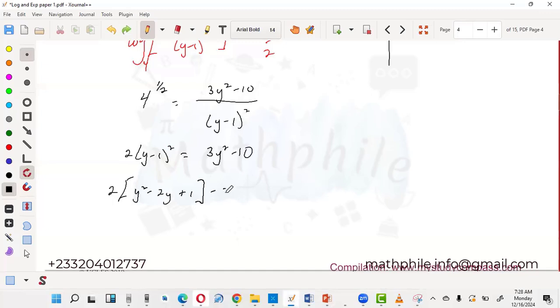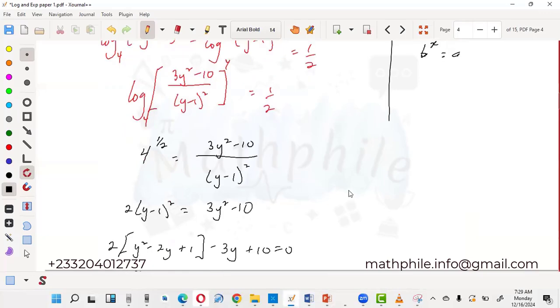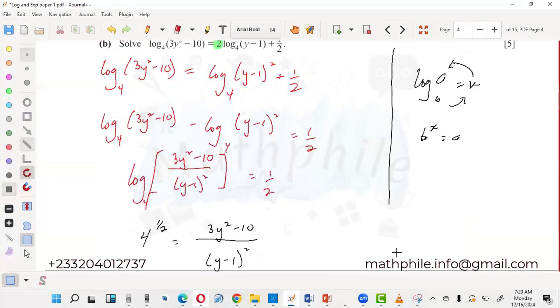Let me move everything over there since it's a quadratic. Are we good with this? Yes, sir. Okay, so expanding this will be 2y squared minus 4y plus 2 minus 3y squared plus 10 equals 0.